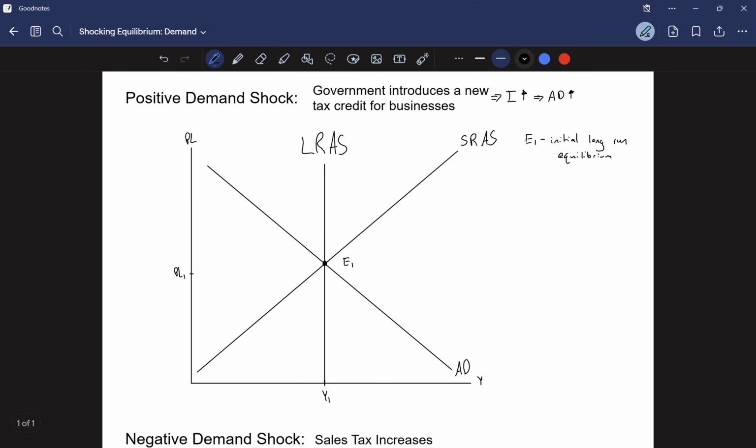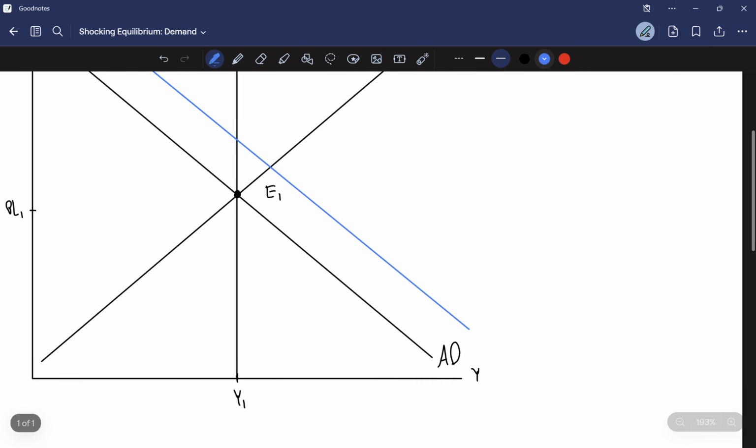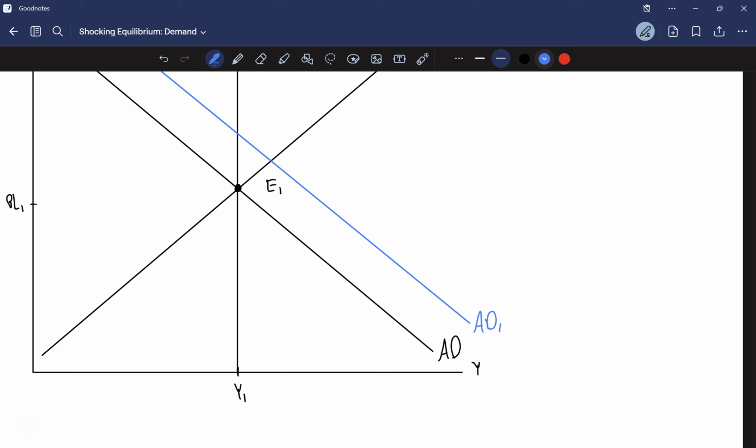Well, we're going to shift the entire aggregate demand curve to the right. Here we go. So at every output level, we also have more. At every output, we have a higher price level, and we'll call this curve AD1.